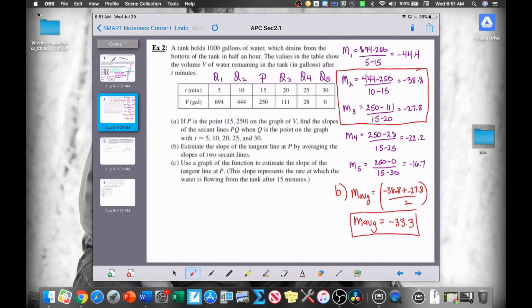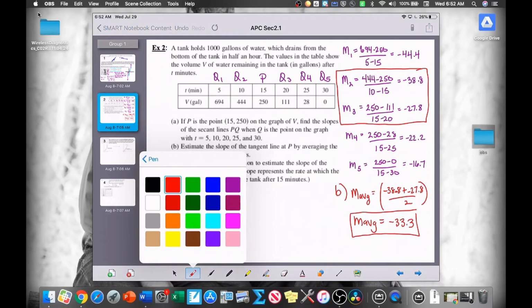And then finally, part C says, use a graph of the function to estimate the slope of the tangent line at P. This slope represents the rate at which the water is flowing from the tank after 15 minutes. Okay, so basically we just need to sketch a graph here of our function.